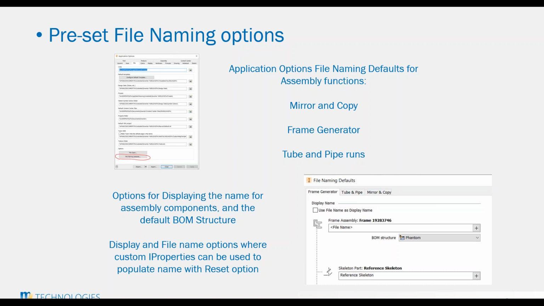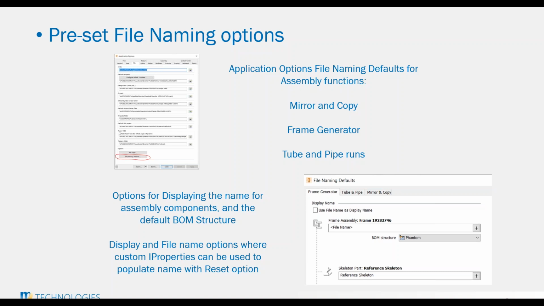The ability to set pre-named file options or naming options for your three areas of the assembly environment: the frame generator, the tube and pipe, and the mirror and copy component command inside the assembly environment. The nice thing about these dialog boxes is that they allow you to preset names.